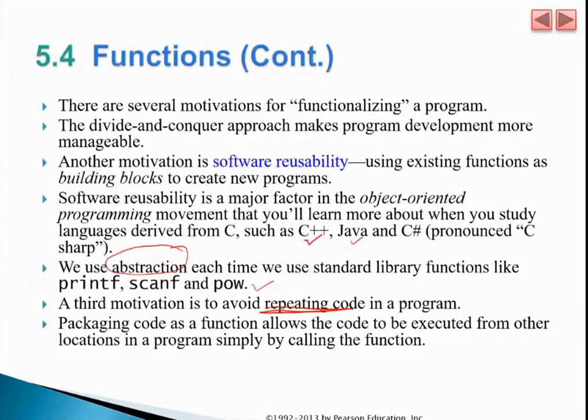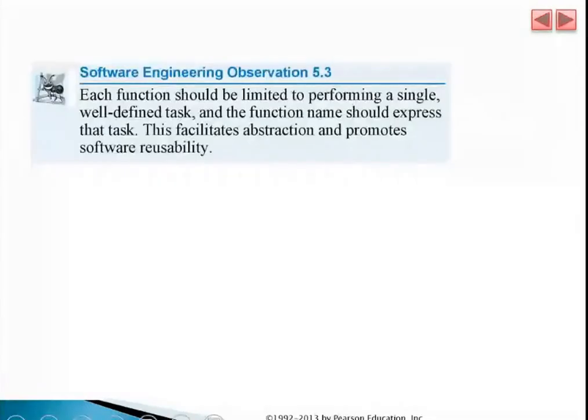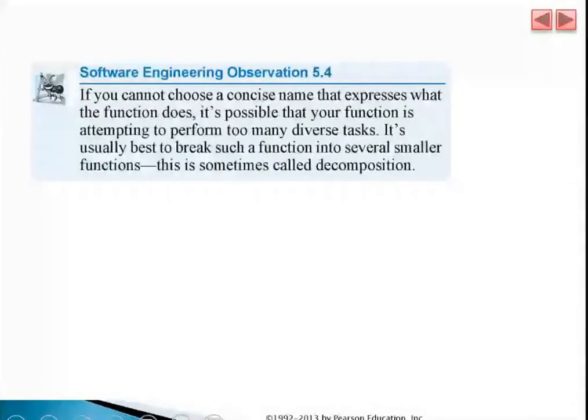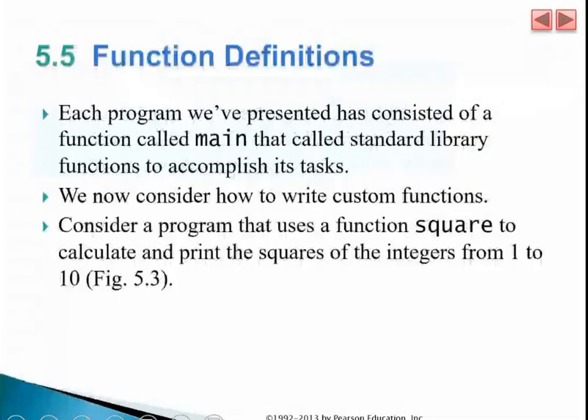Now let's have a look at the actual function. Again, there are some good practices that keep the function name much more understandable, so that from the function name only you could know what this function is doing. Now let's see one small program. Let's write our own function.